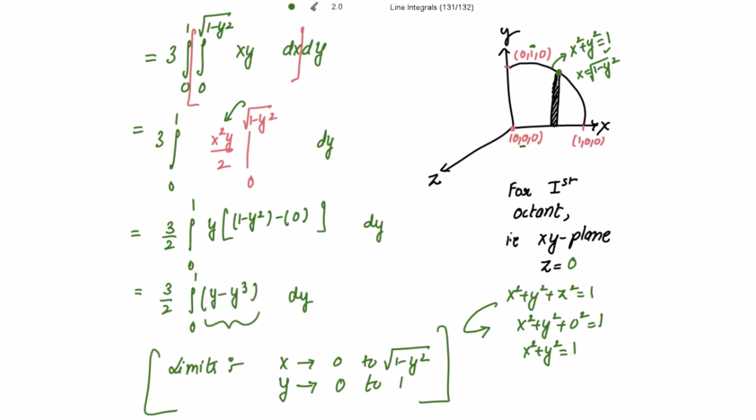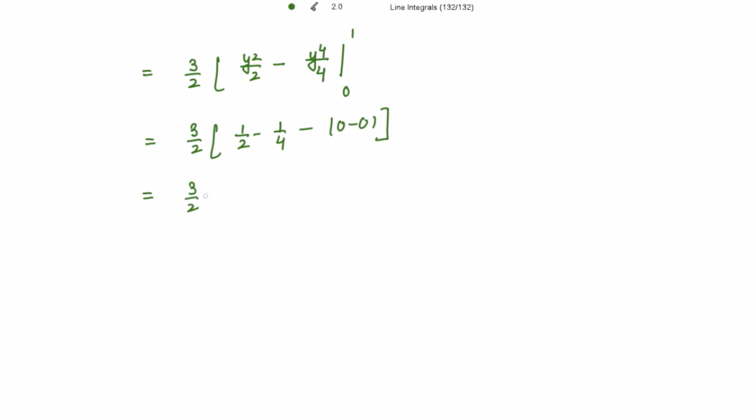Integrating this further, this is 3 divided by 2. Integration of y is y square divided by 2 minus integration of y cube is y to the power 4 divided by 4, with the limits from 0 to 1. So that is 3 divided by 2 times 1 by 2 minus 1 by 4 minus 0 minus 0. So this is 3 divided by 2 times 1 divided by 4. And that is 3 divided by 8 as your required answer.